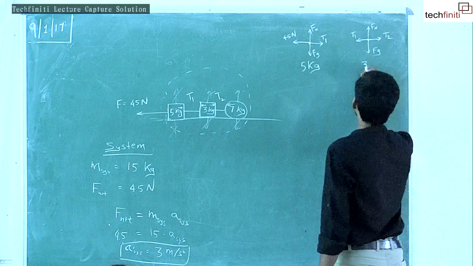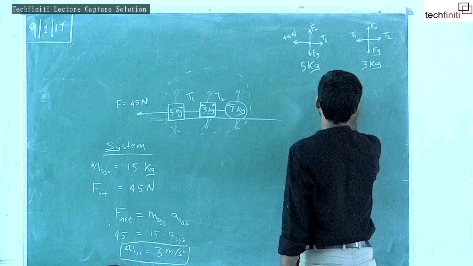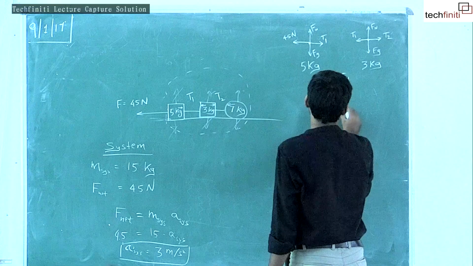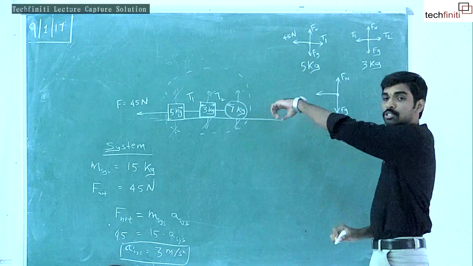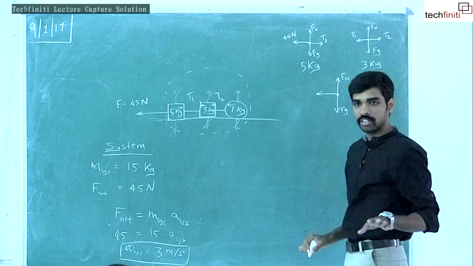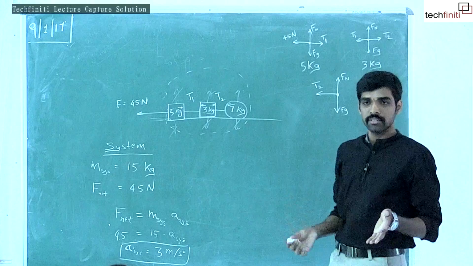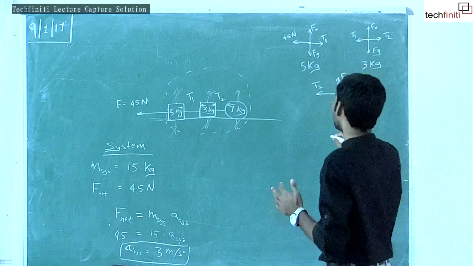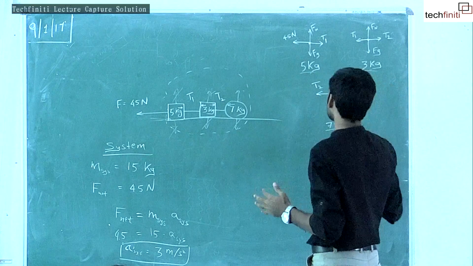So this is for the 3 kg. And for the 7 kg, tension 2 is acting towards the left, right? So it is T2. Towards the right there is nothing, so no force. So this is your free body diagram for all the 3 components in the system.